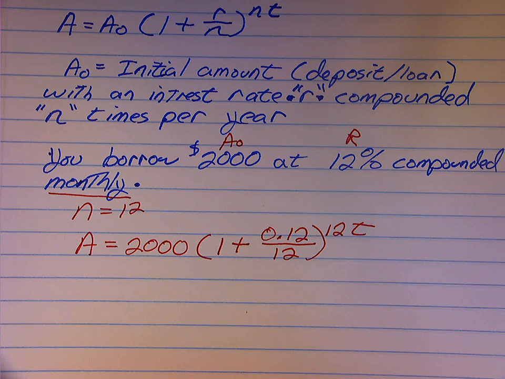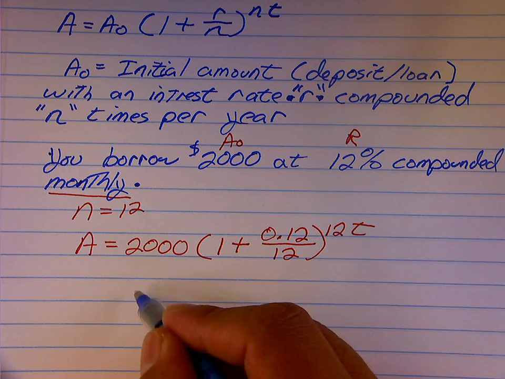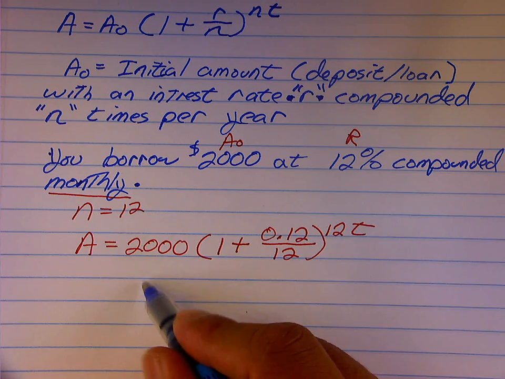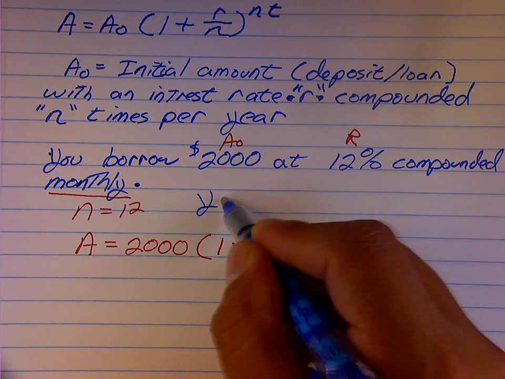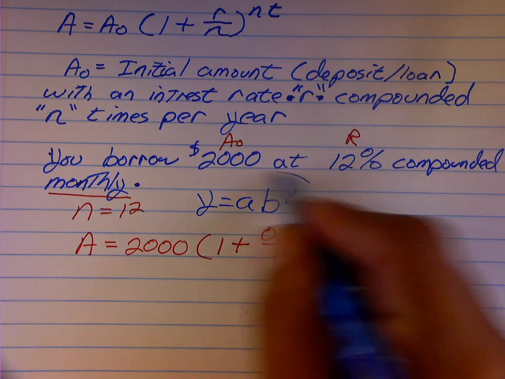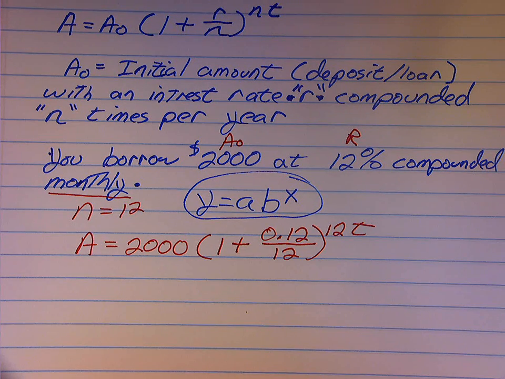What I'd like to go back to for just 1 second is that every single exponential function has 4 components. Every single exponential function can be written in the form, in this case, our generic exponential function y equals a times b to the x. This is generic for everything, where x is your input, y is your output, a is your initial value, and b is your factor. I'm going to change the form of this formula to that original exponential form.